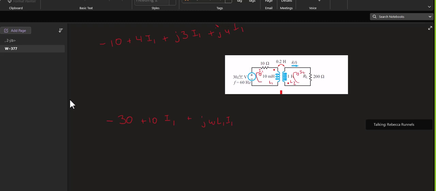Now, because our current went in the dotted side and I2 went in the dotted side, the sign of the mutual impedance is the same as the sign of the self-impedance. So it will be plus J omega 0.2, but times I2 equals 0 for the equation for our first loop.